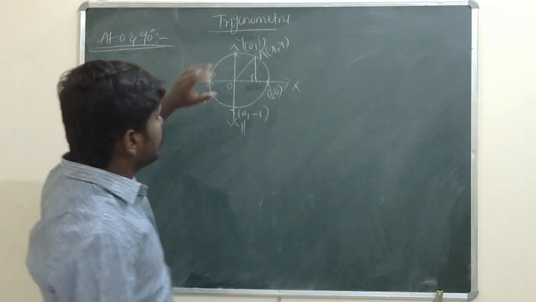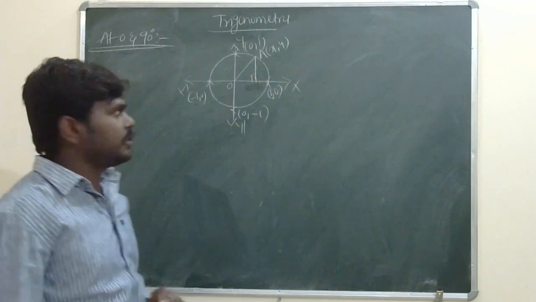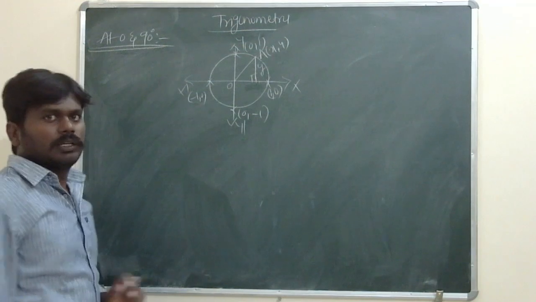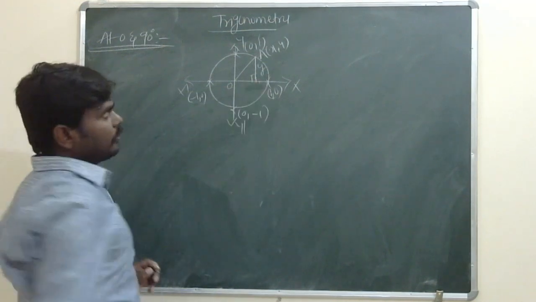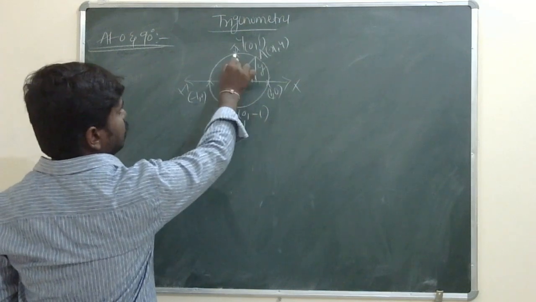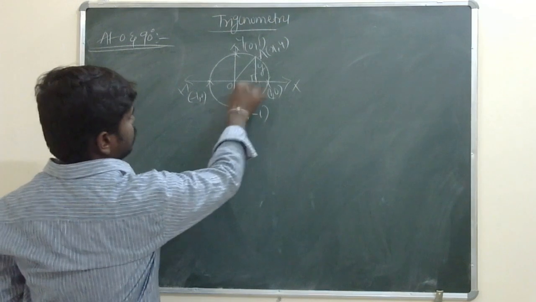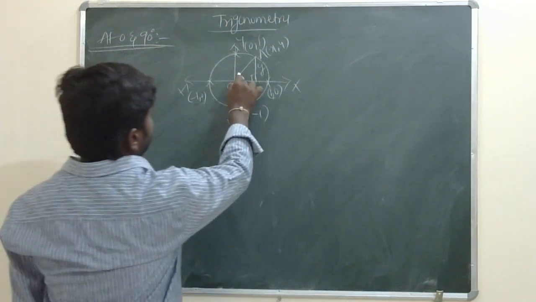That means the perpendicular distance from the point to the x axis is nothing but the y coordinate, that means y. And the distance from the y axis to the point is nothing but the x coordinate, means the value of x. So here this is x. Okay, so now I am taking this as suppose theta.